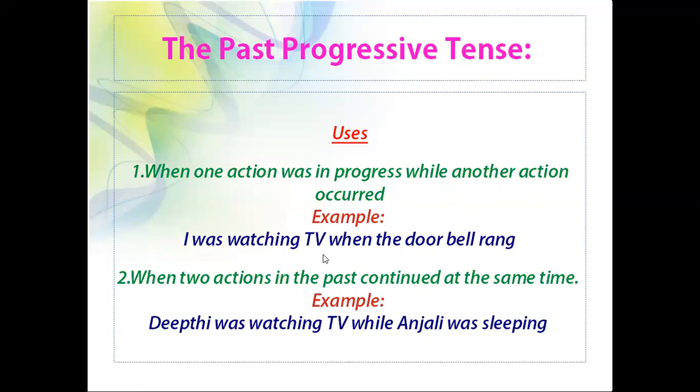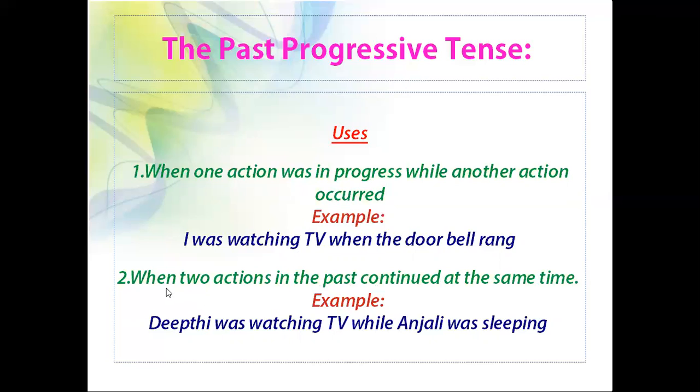So here two actions occurred. What is the action already in progress? I was watching TV. Then another action occurred. What is the other action here? When the doorbell rang.